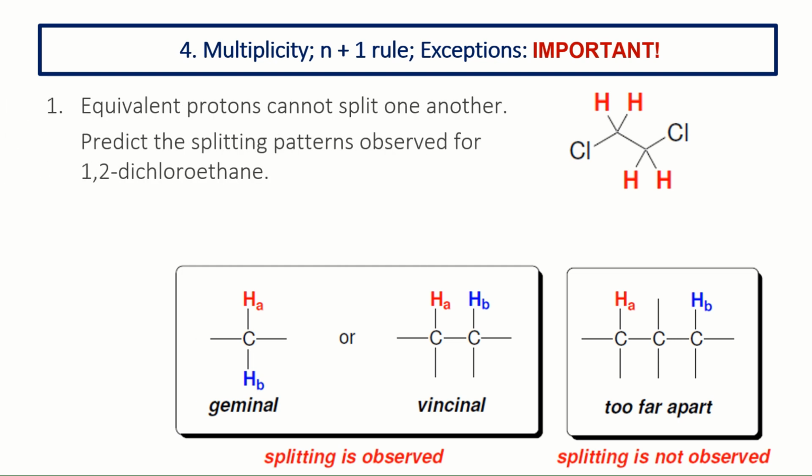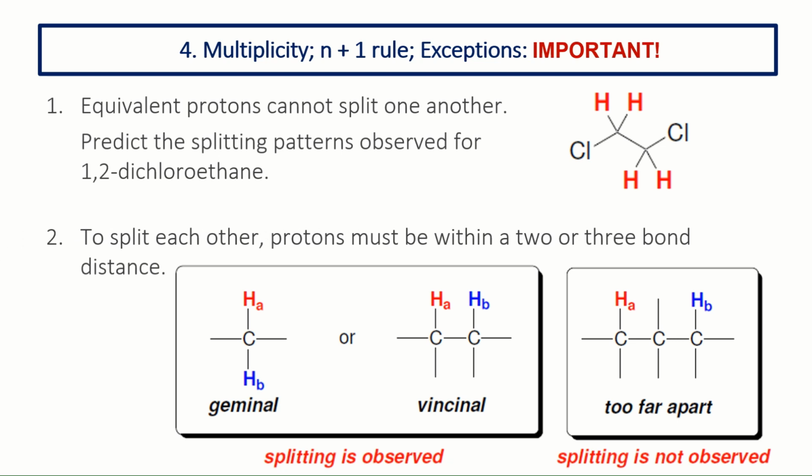There are exceptions to the n+1 rule. Homotopic protons will not split each other. And of course you can see that for 1,2-dichloroethane we have a simple pattern you can predict.